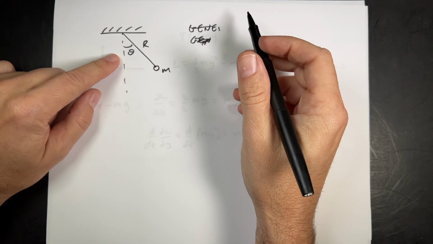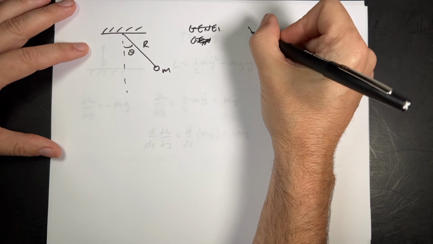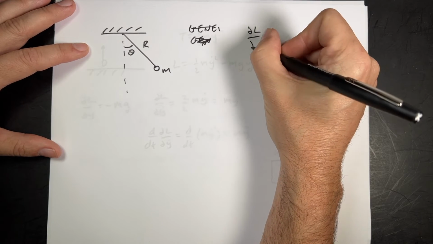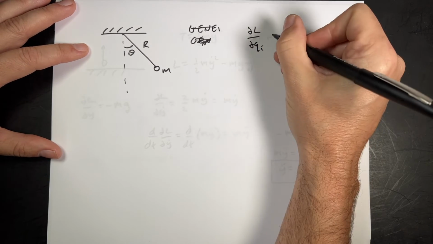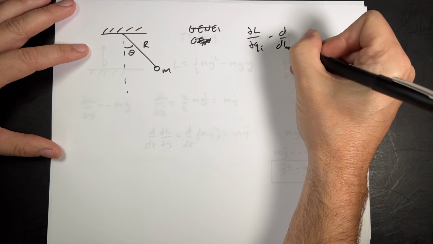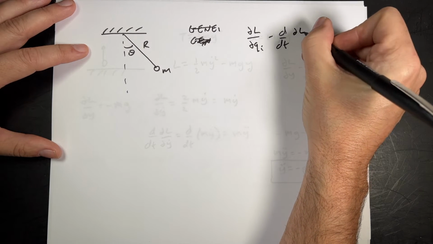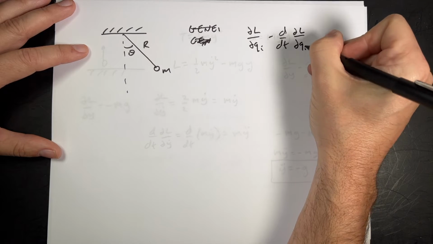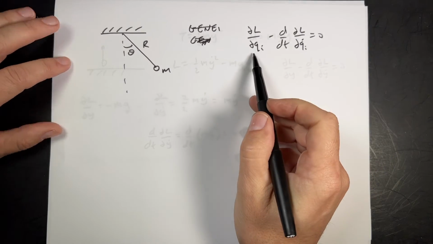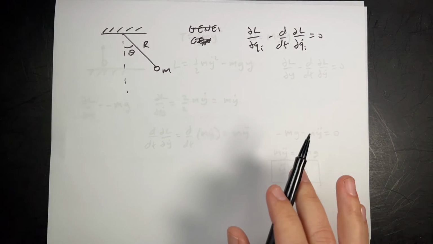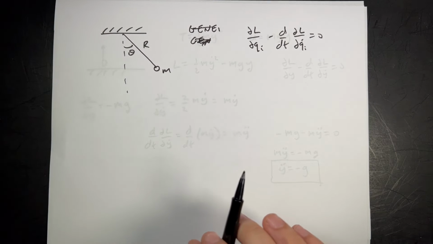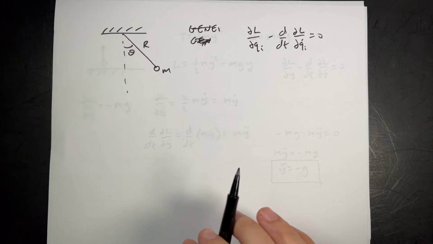I can use whatever coordinates I want. And in fact, we often write the Lagrangian as this: the partial of L with respect to qi minus the time derivative of the partial of L with respect to qi dot equals 0. So qi and qi dot are just any generalized coordinates. They can be anything. Any coordinates that describe the system.